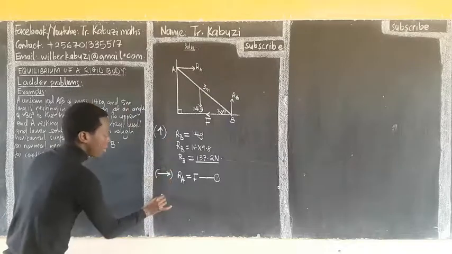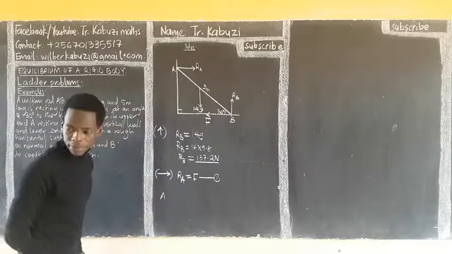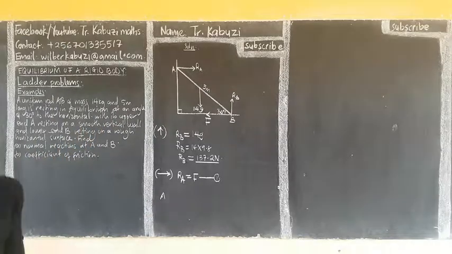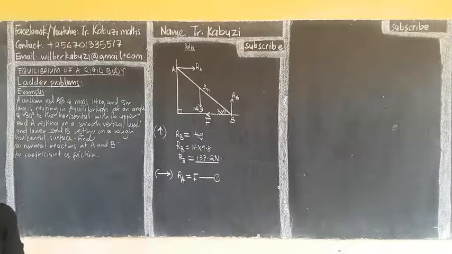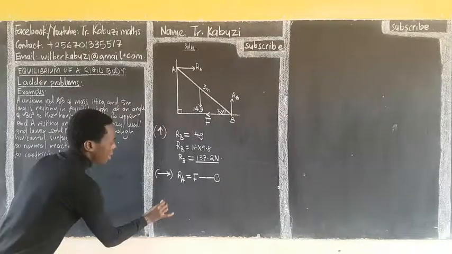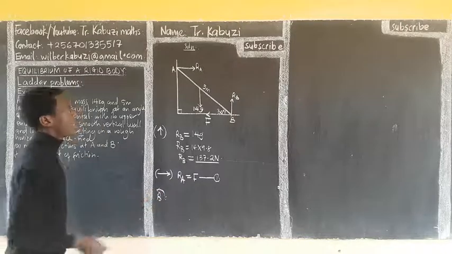So now I'm going to take moments at B. Sorry, moments at B. Why at B? For the reason you know now: because B has more forces. So if I take moments at B, let me take them anti-clockwise.